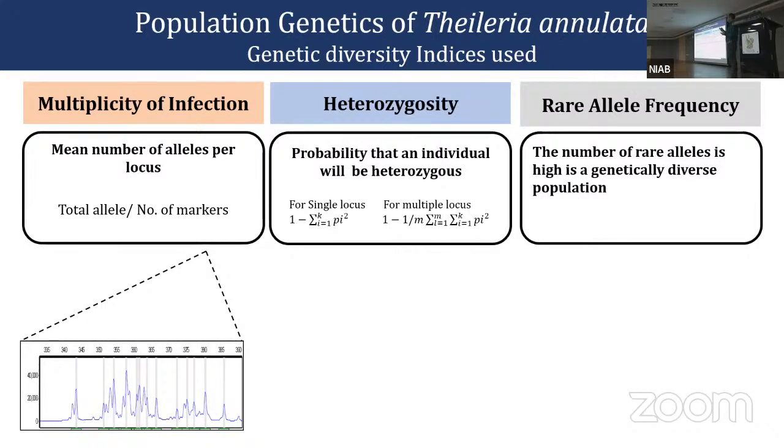So there are two models of mutation, I mean changes, that can happen in this kind of marker. So we also need to consider single nucleotide or 2 nucleotide changes. But generally, wherever there is a chance of a single peak being split into 2, I have taken that into account.